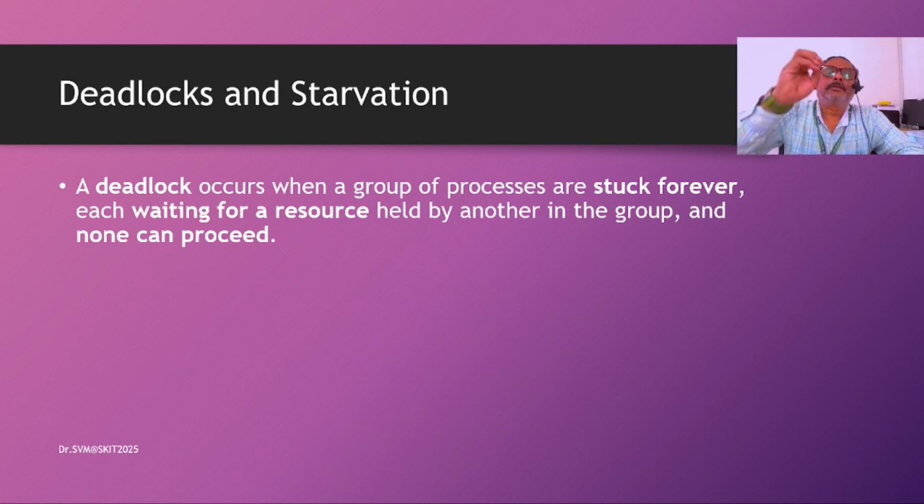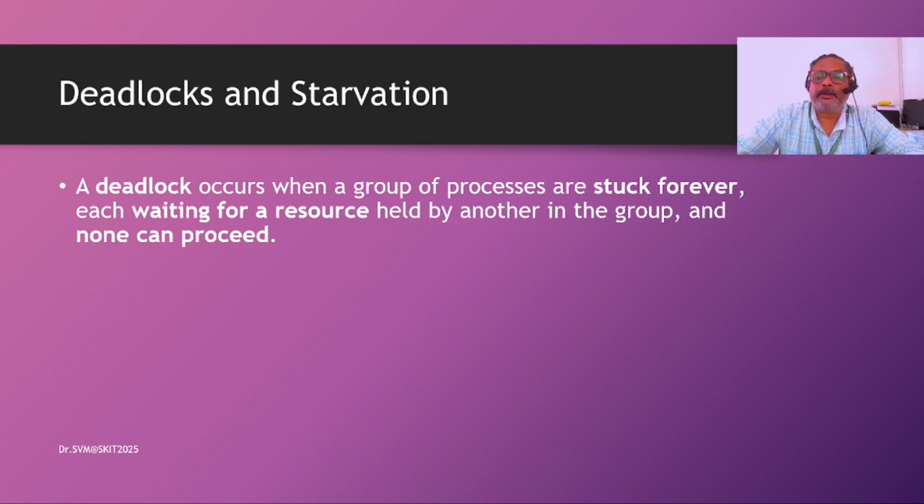One process catches hold of some resource, another process catches hold of another set of resources, and is waiting for the other resources, and those other resources may be held by some other, and because of this it may so happen that none of the processes can proceed further.